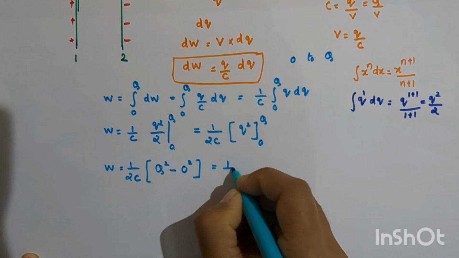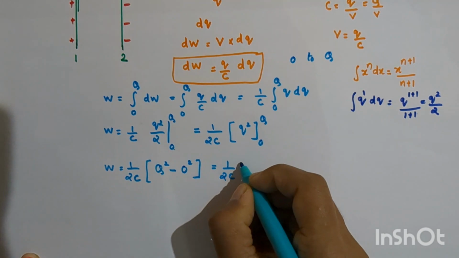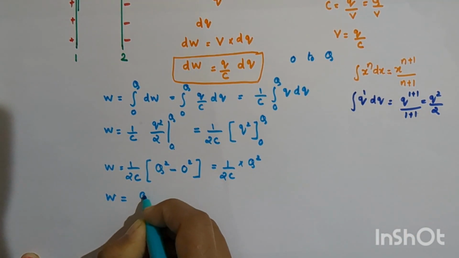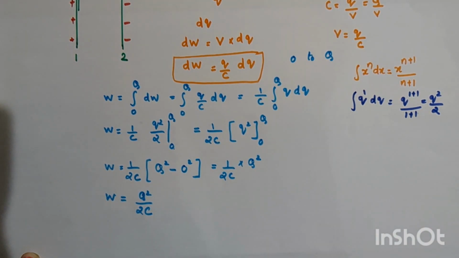So this can be written as 1 by 2C into Q square minus 0, which is Q square. That is, you can write the total work done W as Q square by 2C.